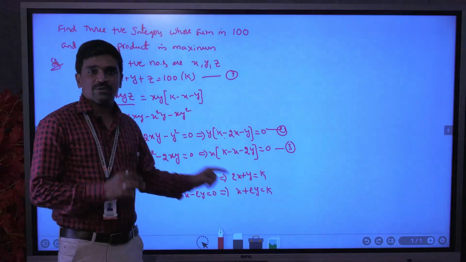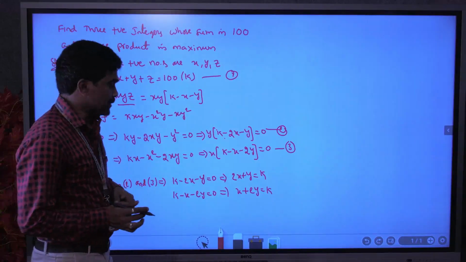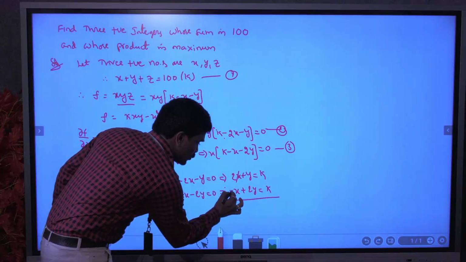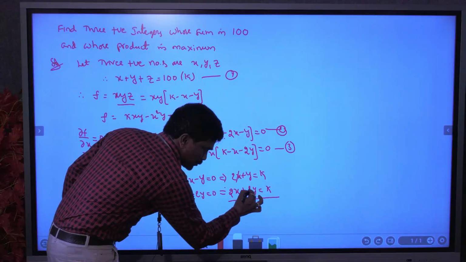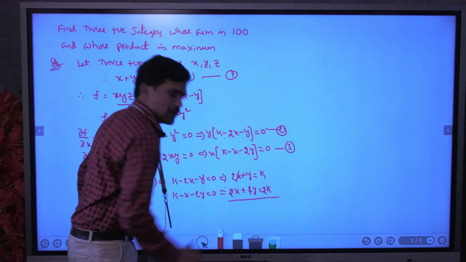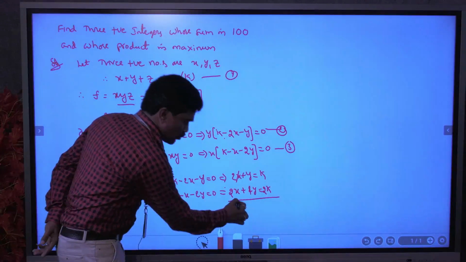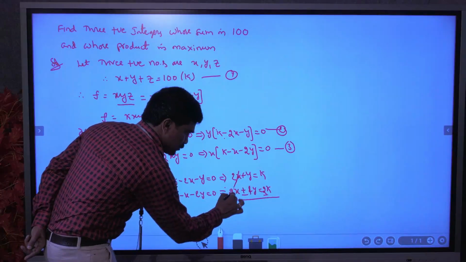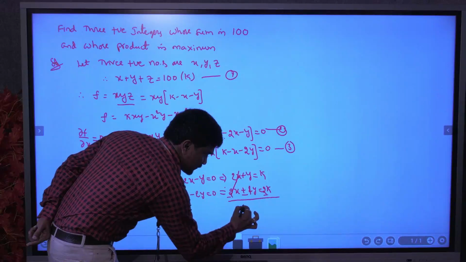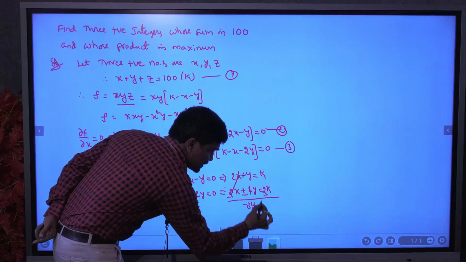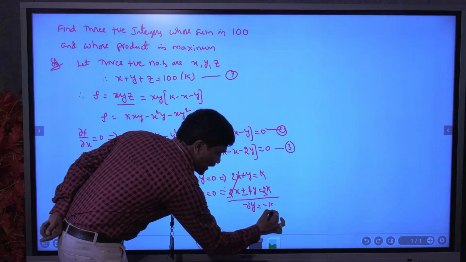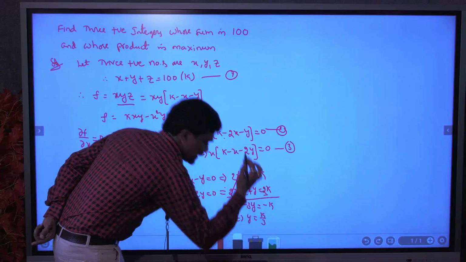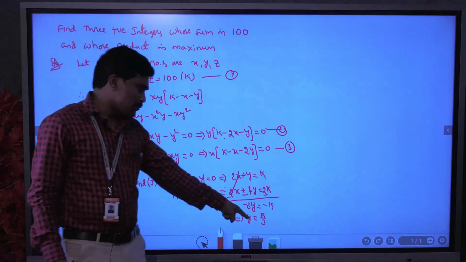Solving these two equations, we get x and y values. Now multiplying this equation with 2, 2 into 2 is 4, and 2. Now subtracting these two, 2x cancels, y minus 4y is minus 3y is equal to k minus 2k, minus k. So from this, y is equal to k by 3.